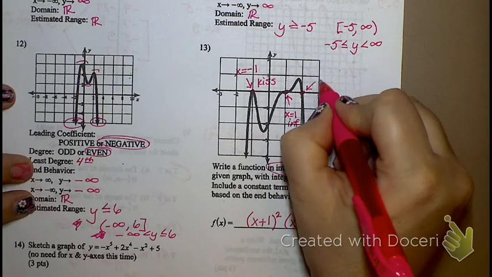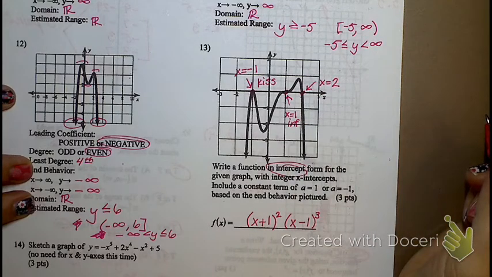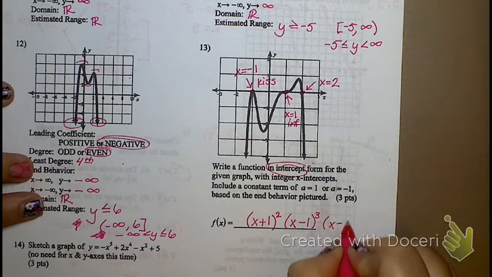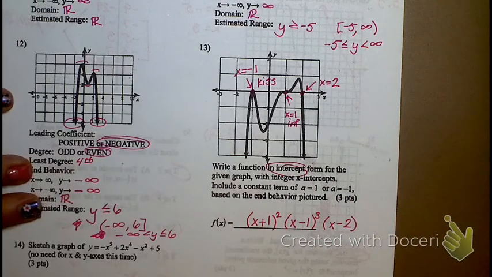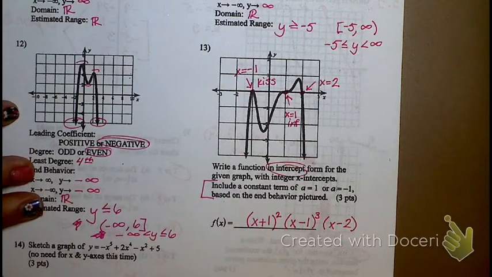And then finally, I have x equals 2. Is that a kiss, a cross, or an inflection point? That one's just a plain old cross, so I'm going to have x minus 2 with no exponent on it. Now, this part messed with people a little bit. It says include a constant term of a equals 1 or a equals negative 1 based on the end behavior picture.